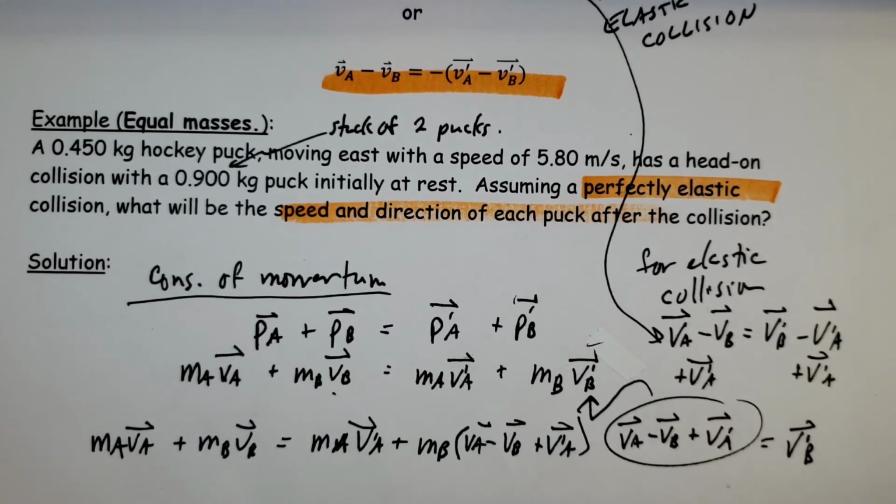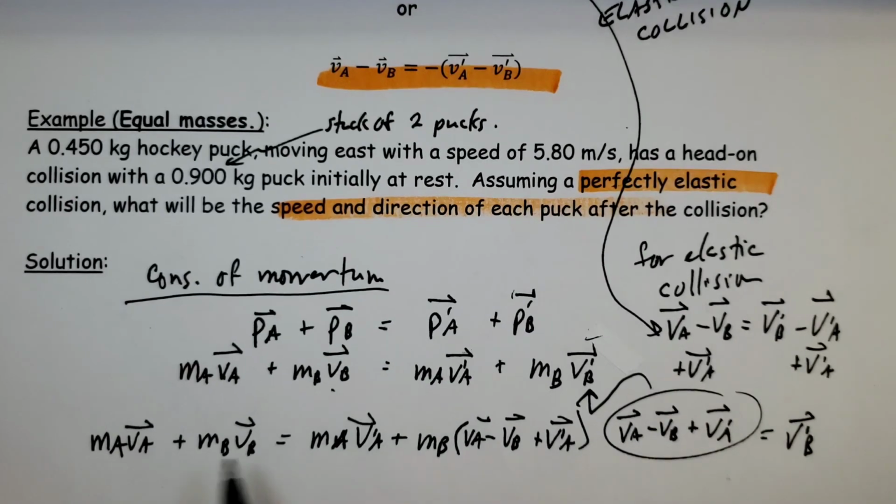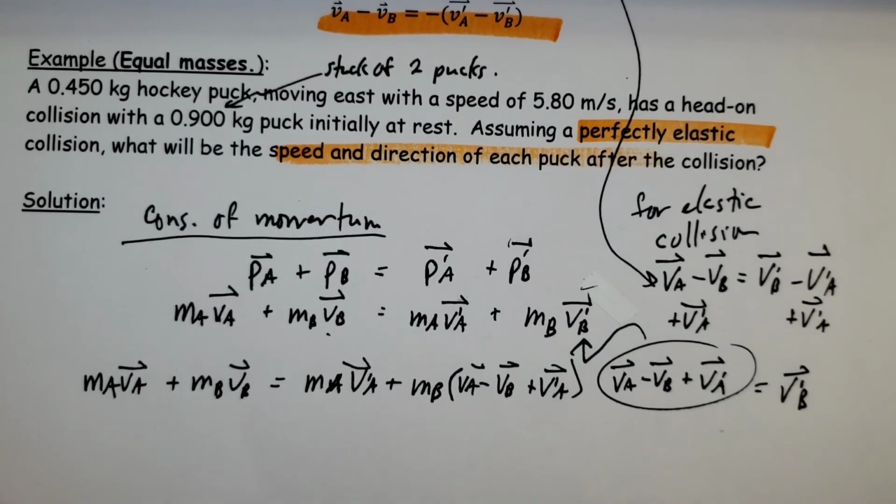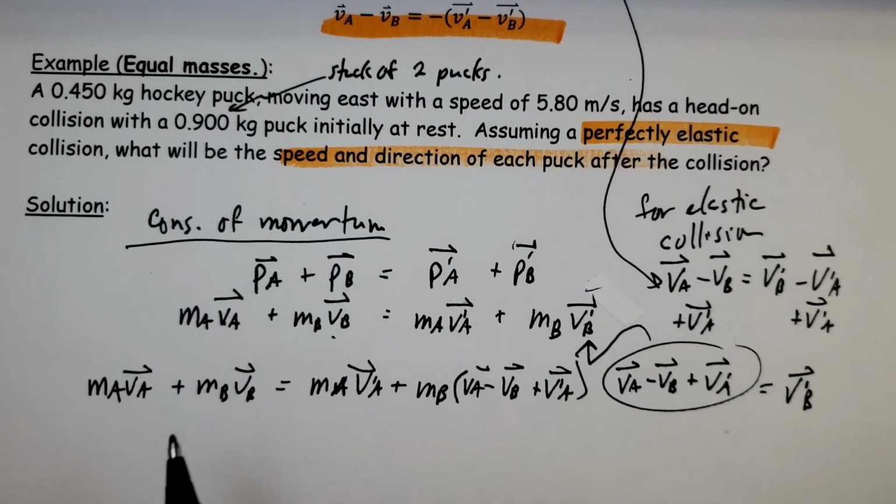And in fact, I know what all the other values are, because I know what VA and VB are, and I can solve for VA prime. But what we'll maybe do is we'll stop the video there because we're over 10 minutes, and we'll come back in the next video and finish this question.